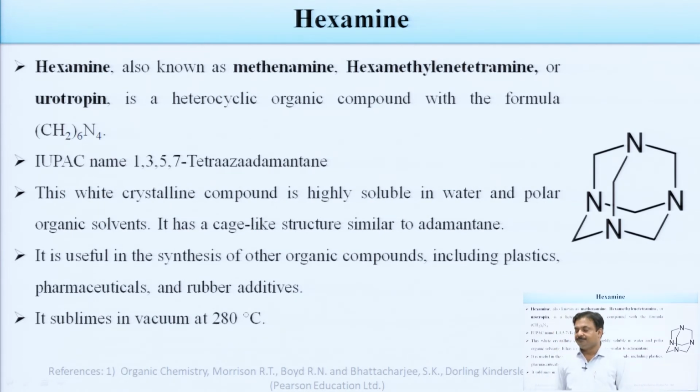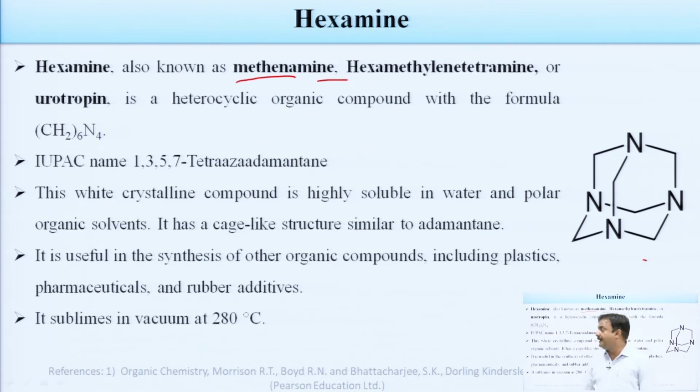Now coming to the next compound of our syllabus, that is hexamine. The structure you can see on the slide. It is also known as methenamine, hexamethylenetetramine or urotropin, a heterocyclic organic compound with the formula (CH2)6N4.